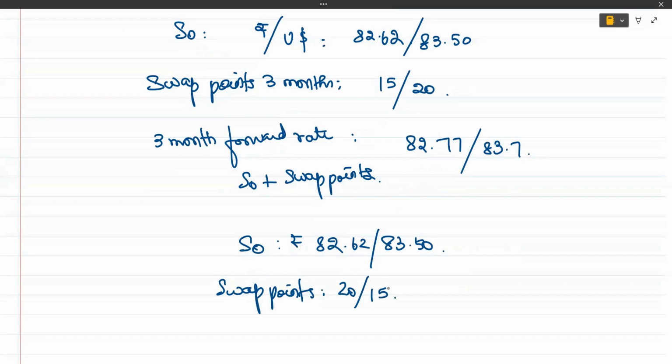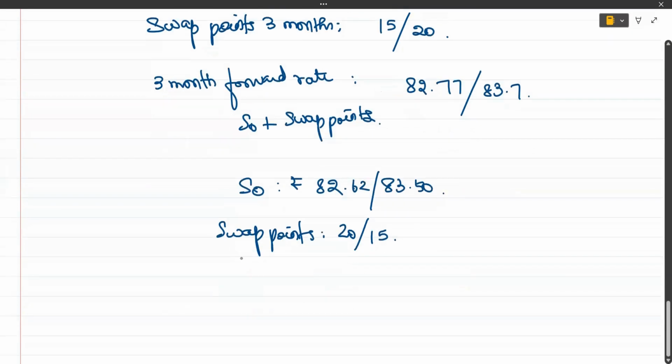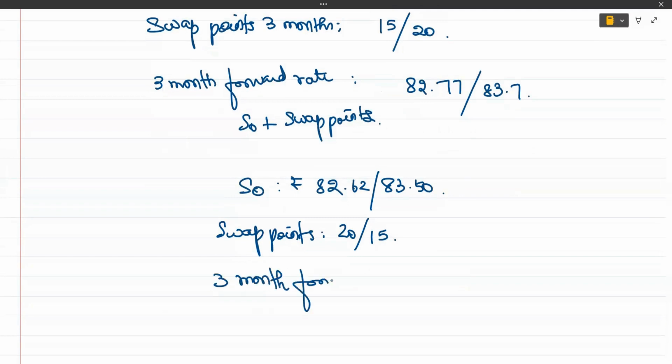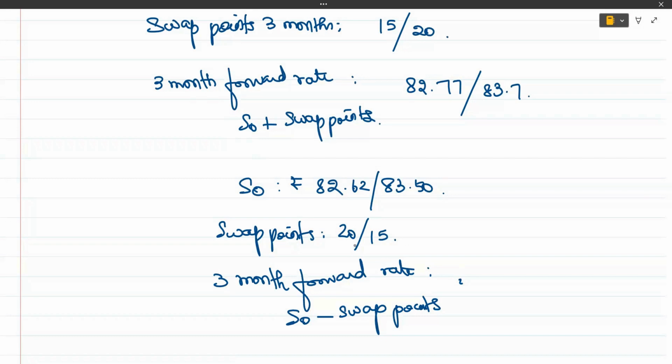If the swap points are in descending order, the 3-month forward rate will be calculated as spot minus swap points. Again, the swap points must be subtracted from the spot rate, but only from the decimal, not from the whole number. So it will be 82.42/83.35. Reverse, right. This is right.